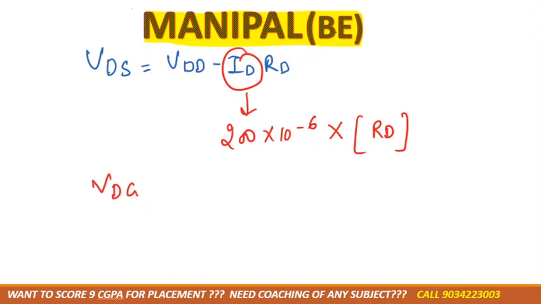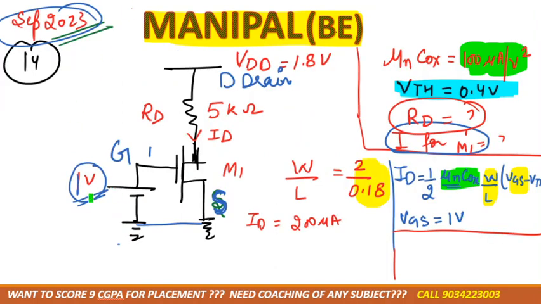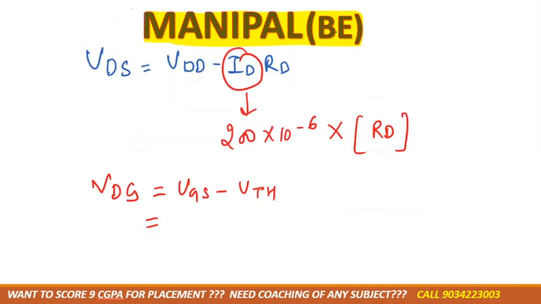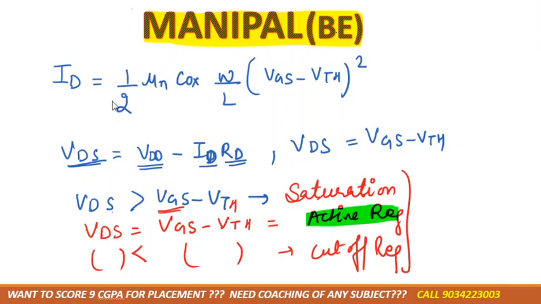As I told you, what is the VDS formula? VGS minus VTH, right? VGS is how much? 1 volt. VTH is how much? 0.4 volt. It would be 1 minus 0.4. How much do we get? 0.6. So we got VDS also 0.6. Now we need to calculate VDD, right? Now see the formulas. How can we get VDD? Can we get it by this formula?